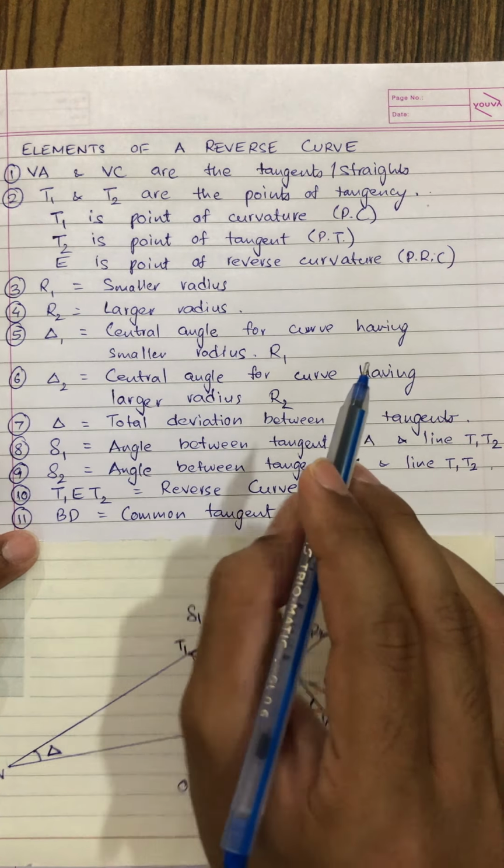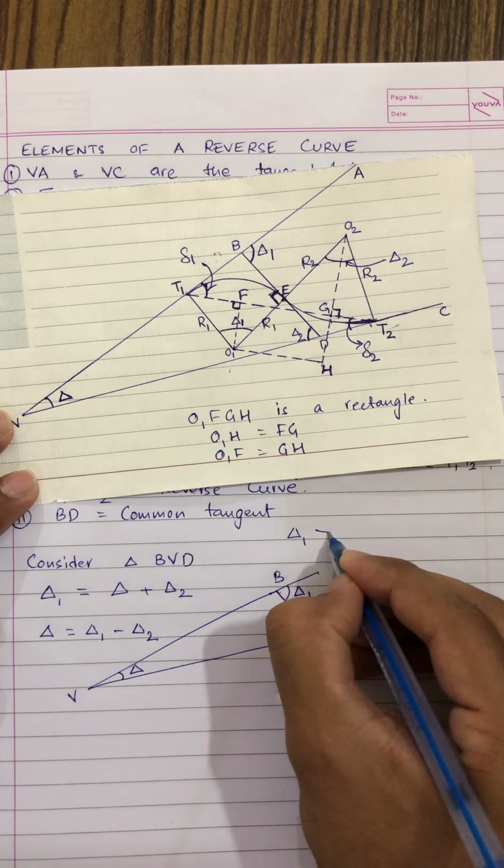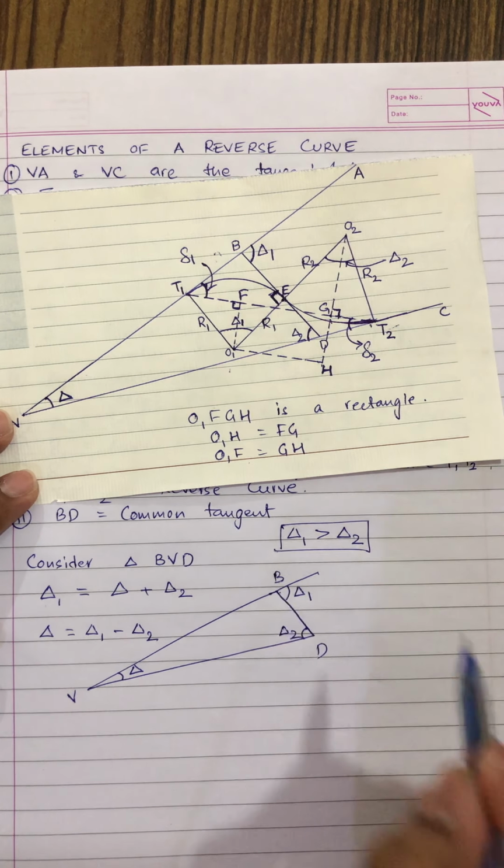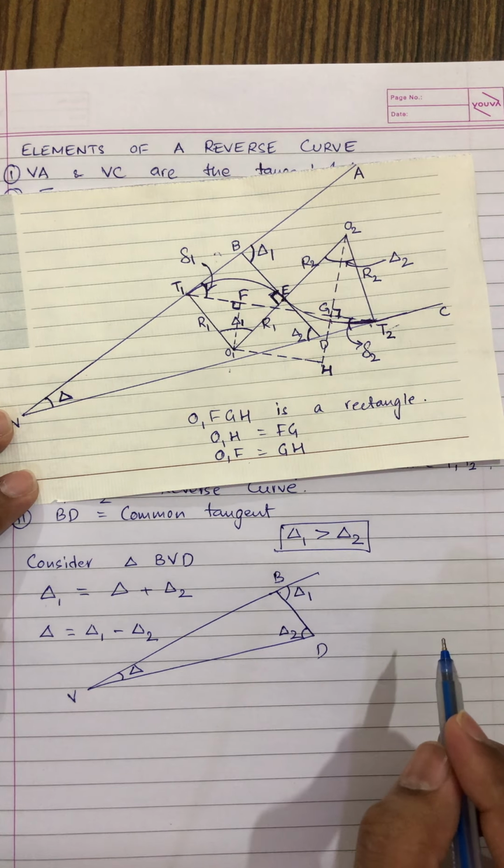We are assuming that delta 1 is greater than delta 2. It could be possible that delta 1 is less than delta 2 also; then what case arises, we will see. Now, assuming delta 1 is greater than delta 2, we get the equation delta is equal to delta 1 minus delta 2.